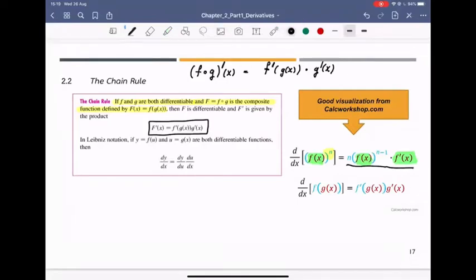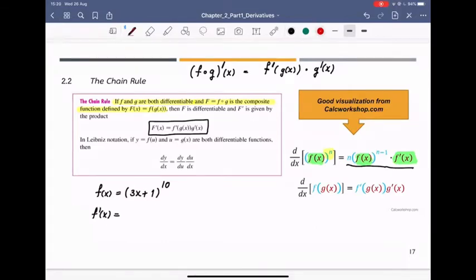So for example, if I say I want to differentiate, I have f(x) equal to (3x plus 1) to the 10 power, for example. Well, basically we do not want to expand the 10 power because it's time consuming. So what we want is, we want to differentiate this thing by using the chain rule.